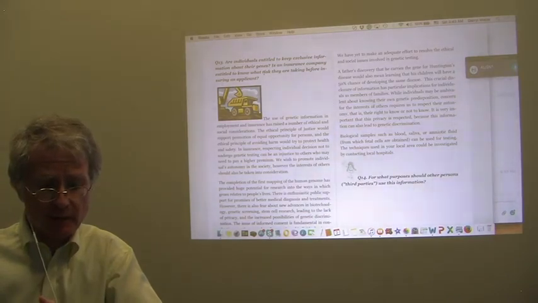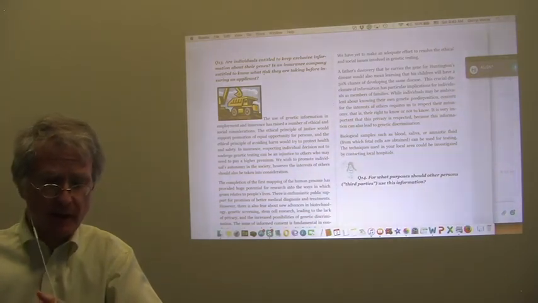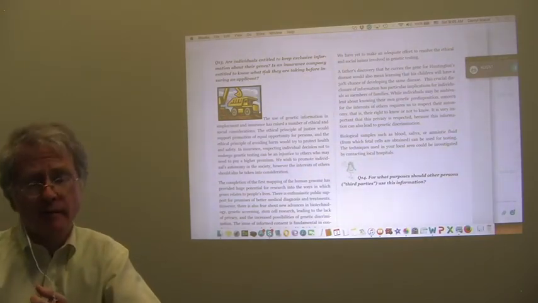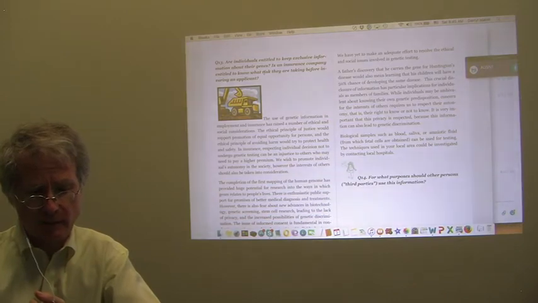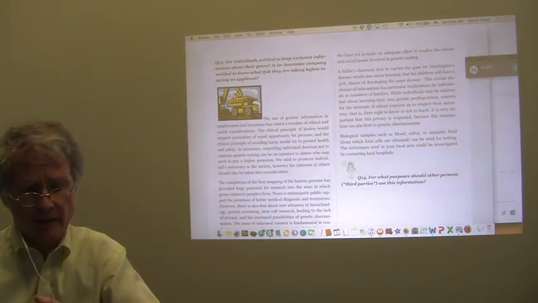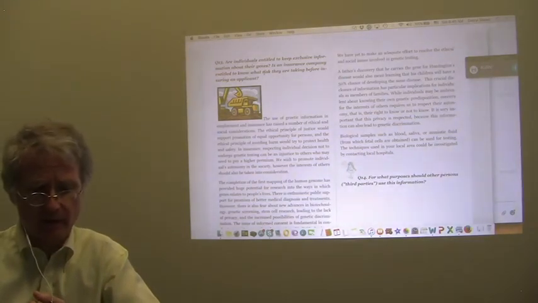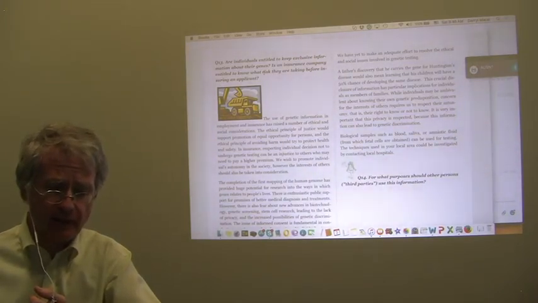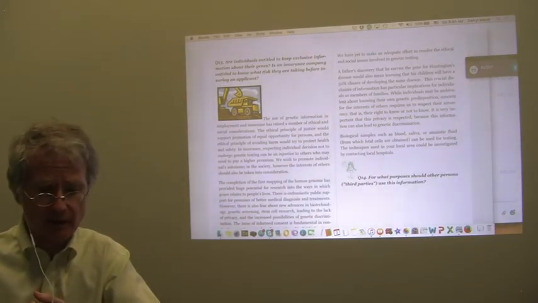The completion of the first mapping of the human genome has provided a huge potential for research into the ways in which genes relate to people's lives. There is enthusiastic public support for promises of better medical diagnosis and treatments. However, there is also fear about new advances in biotechnology, genetic screening, and stem cell research, leading to a lack of privacy and increased possibilities for genetic discrimination.